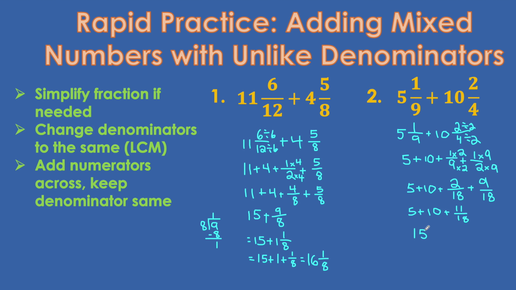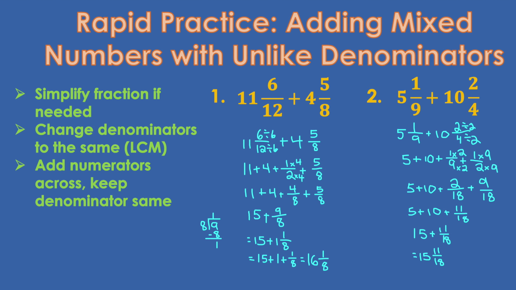Then we have 15 plus 11 over 18, which is just 15 and 11 eighteenths. And that's our final answer.